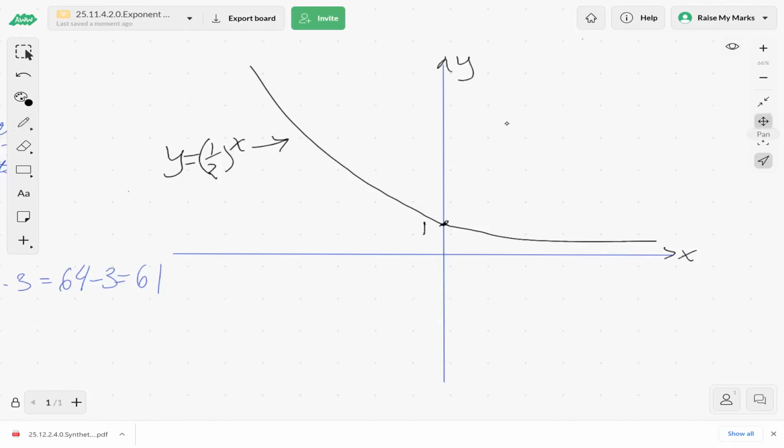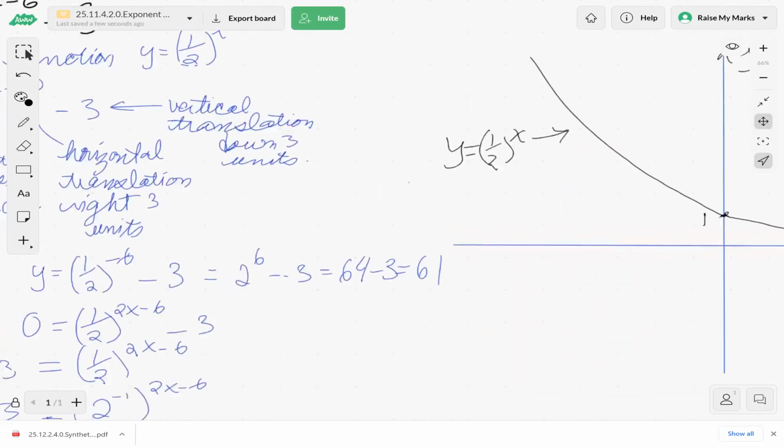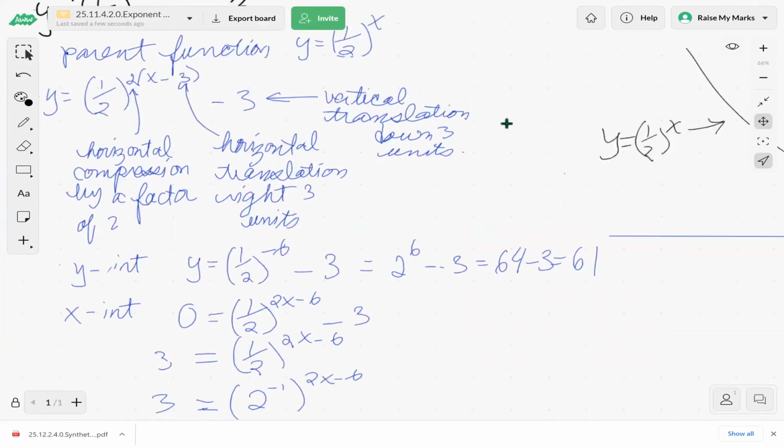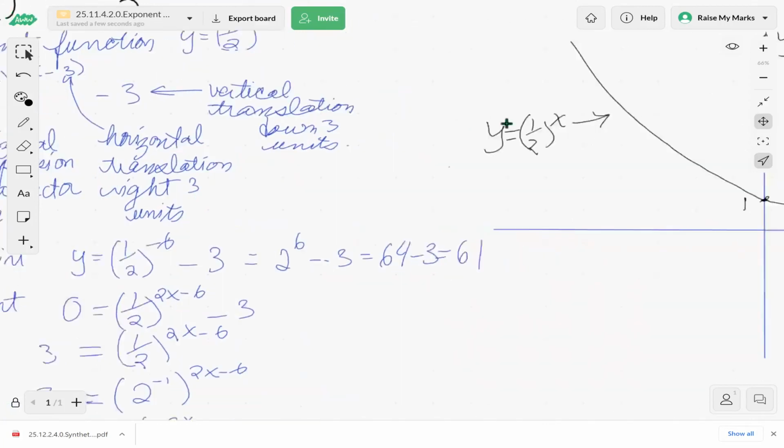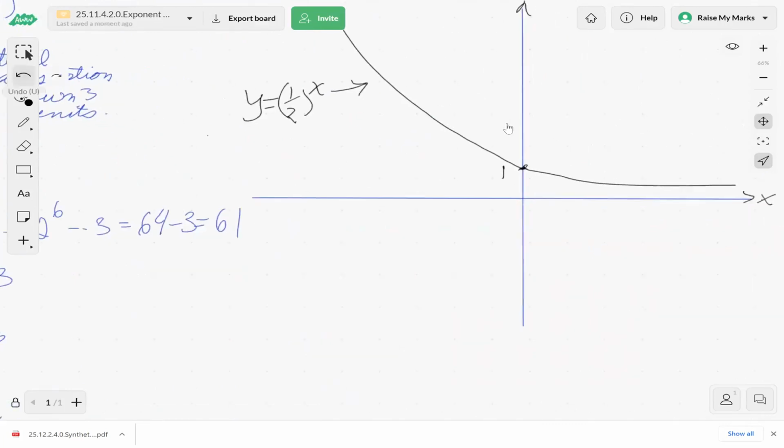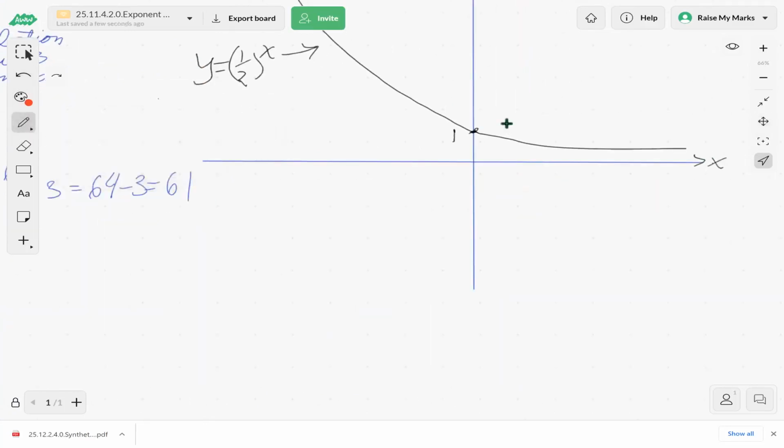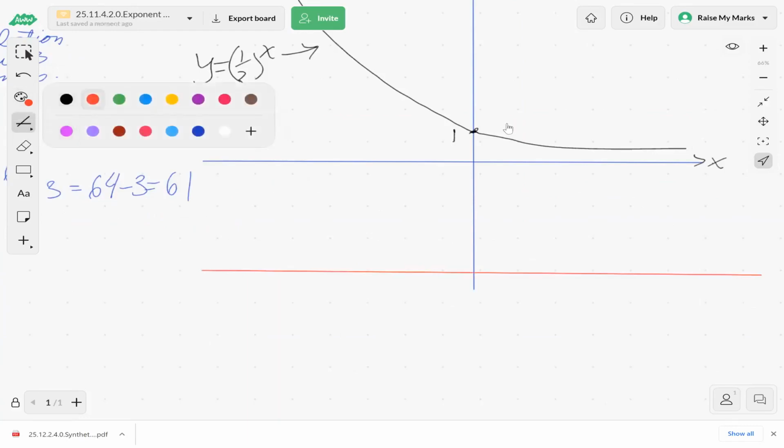Now let's consider our transformed function and all the transformations. The first one that might be nice to look at is a vertical translation down 3 units. That moves everything down, including our horizontal asymptote. So our horizontal asymptote is now here, y equals -3.